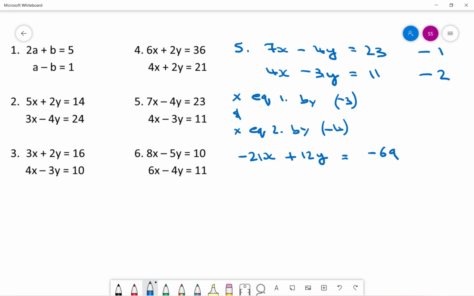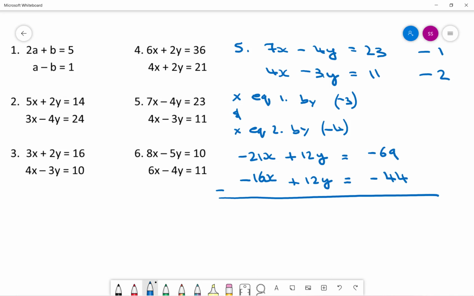Now on to equation 2. 4x times negative 4 will be negative 16x. Negative 3y times negative 4 will be plus 12y. And then the last one there, 11 times negative 4 will be negative 44. We can now see we've got our two y terms being the same.